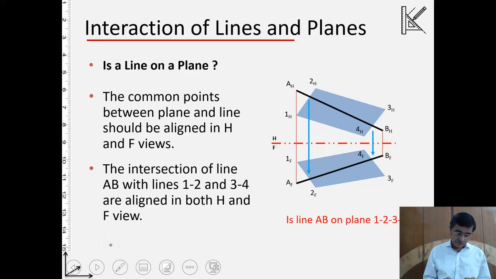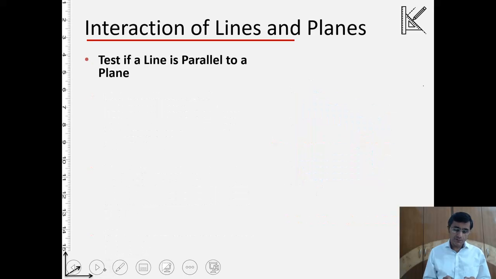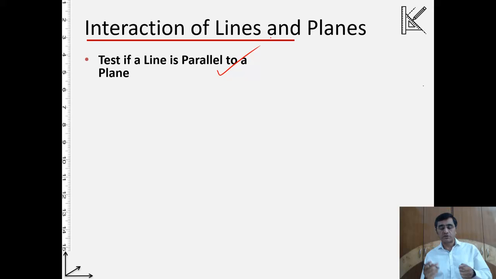Alright, so we will go further from here. Now we will check whether a line is parallel to a plane. Another case: there is a plane, there is a line. Whether this line is parallel to the plane or not. There can be many ways of solving it.